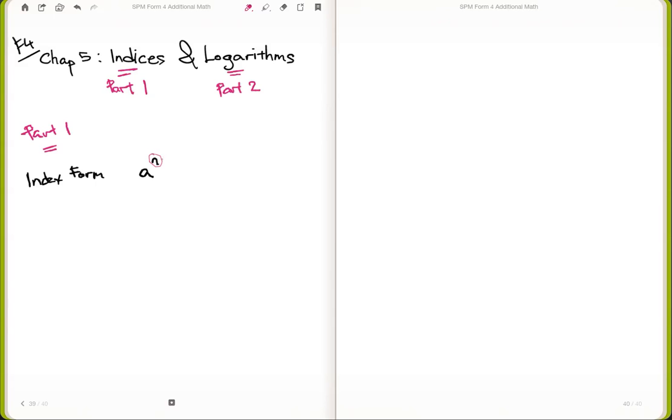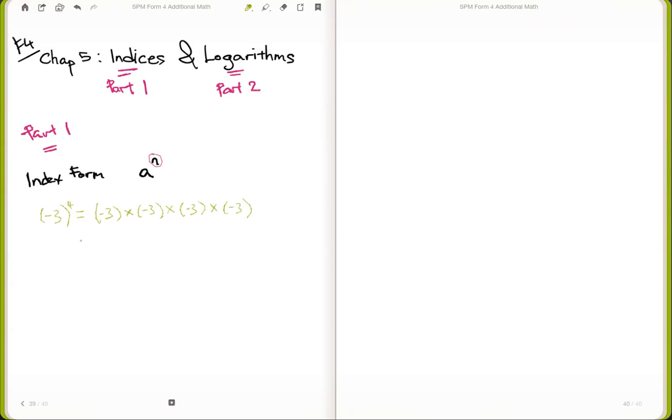In part 1, we're going to find out what the whole number is. Suppose we have a number, for example, -3 to the power 4. What it means is actually -3 times -3 times -3 times -3.